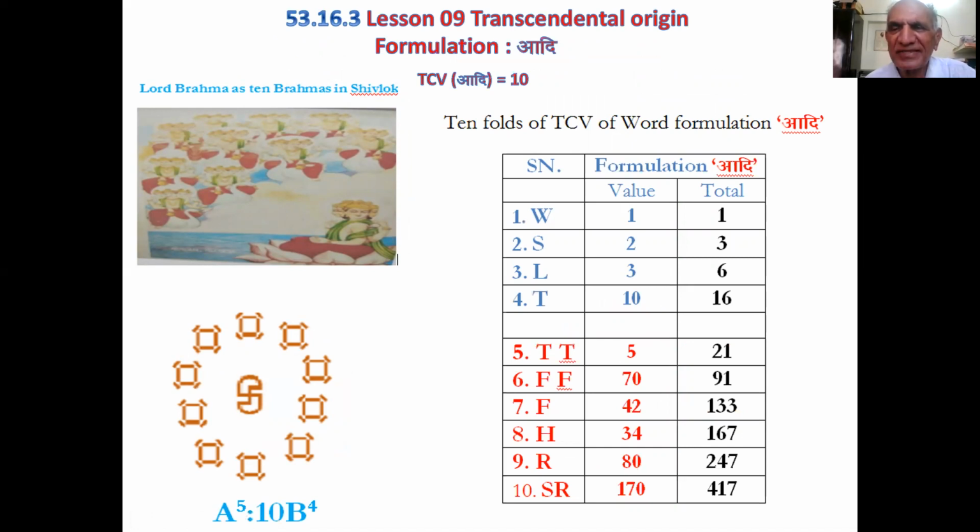Let us have a pause. Let us be blissfully with the transcendental phenomenon of Lord Brahma meditating within the cavity of his own heart, and with the grace of the Transcendental Lord, Lord Brahma multiplies as 10 Brahmas in Shiv Lok. This amounts to a transition for 4-space domain from its domain fold role to the boundary fold role in 5-space.